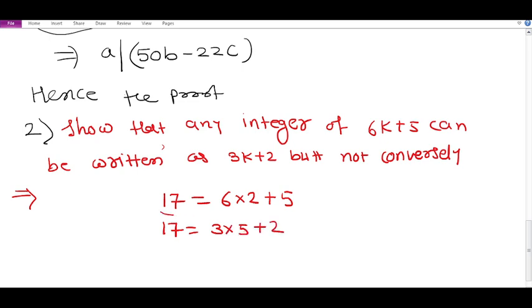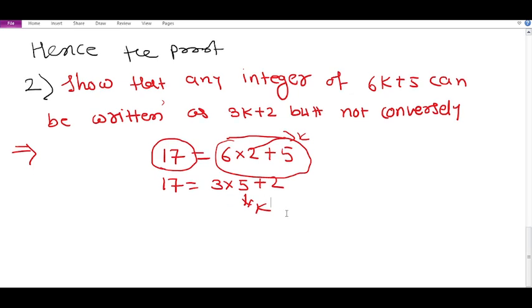So any integer which can be written as 6 times k plus 5 can be written as thrice k plus 2, with a different value of k. This is what we want to show here.